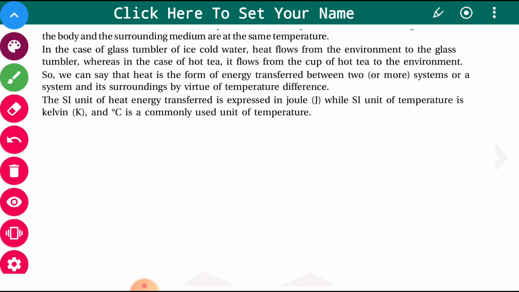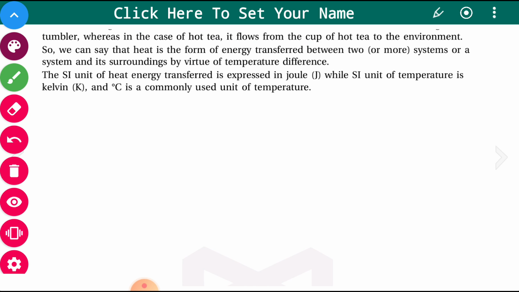In the case of a glass tumbler of ice cold water, heat flows from the environment to the glass tumbler, whereas in the case of hot tea, the heat flows from the cup of tea to the environment. So we can say that heat is the form of energy which is transferred between two or more systems, or a system and surrounding, by virtue of temperature difference.